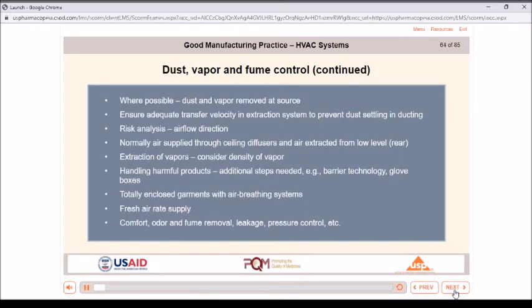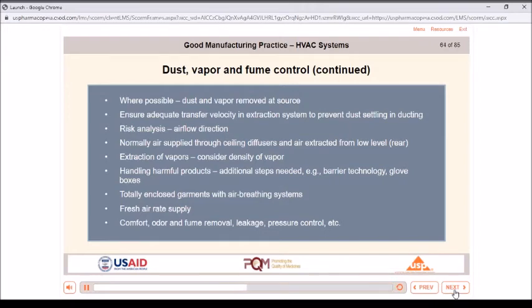Dust, vapor, and fume control continued. Where possible, dust and vapor should be removed at source. Ensure adequate transfer velocity in the extraction system to prevent dust settling in ducting. Risk analysis, airflow direction: normally air is supplied through ceiling diffusers and air extracted from low-level rear.